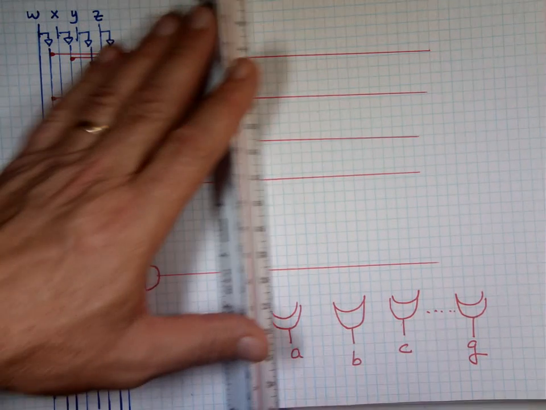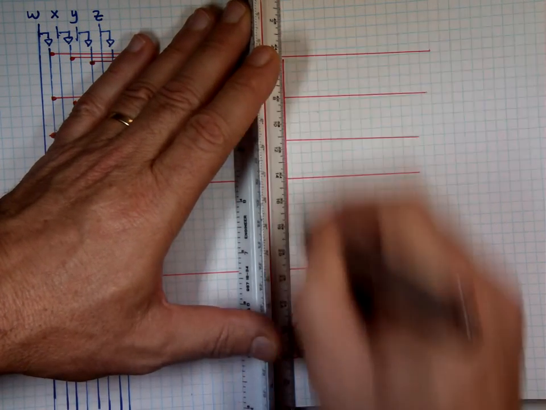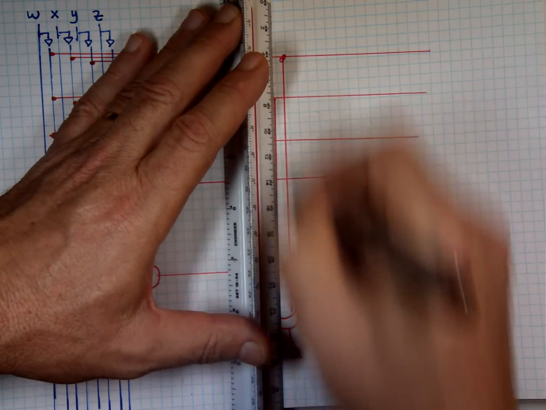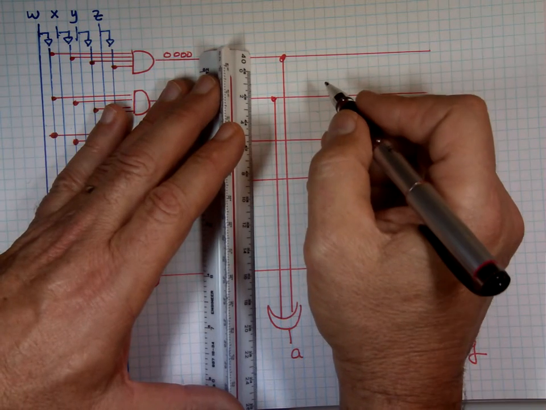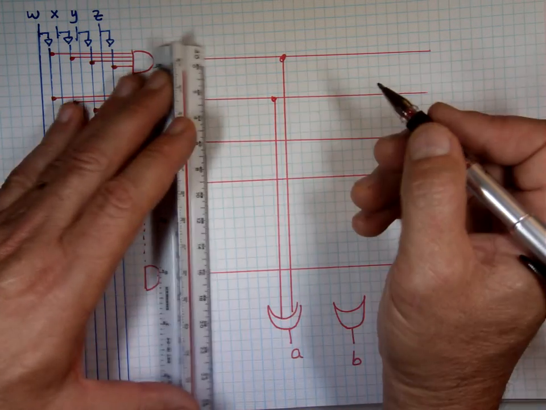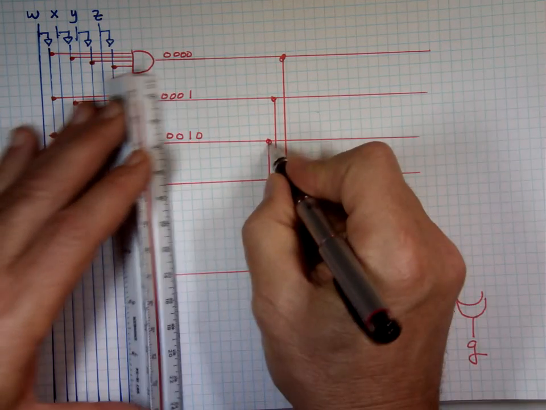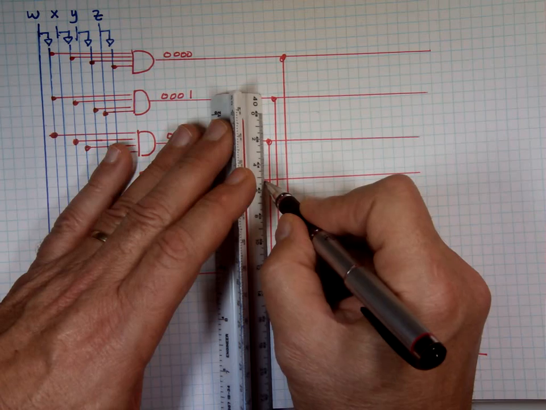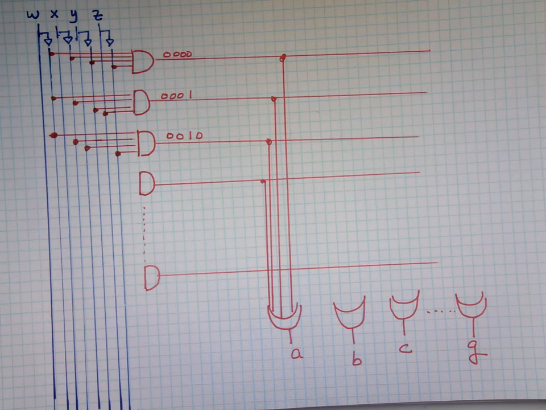You can see where we're going with this. It looks like a nightmare. Zero, 1, 2, 3, and you keep going. Well, we realize that's too many lines. Nobody's going to be able to trace that. That's crazy. You do the same thing for B, C, and G.